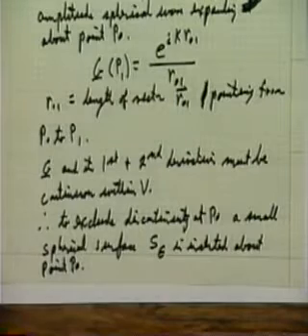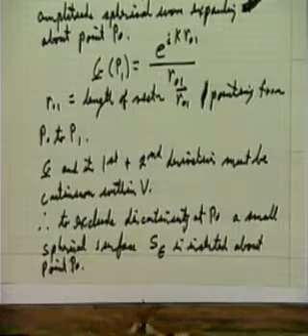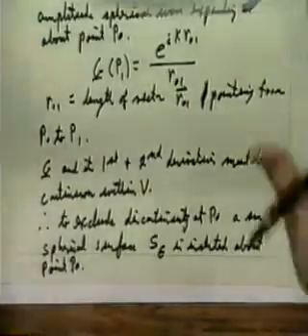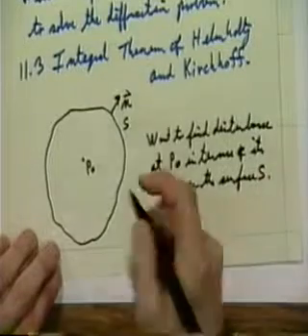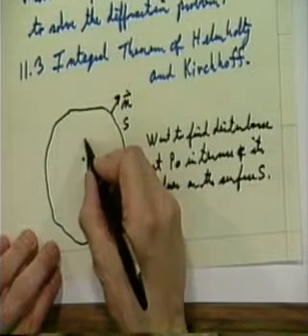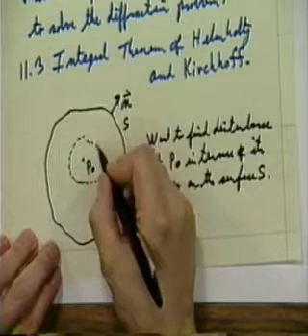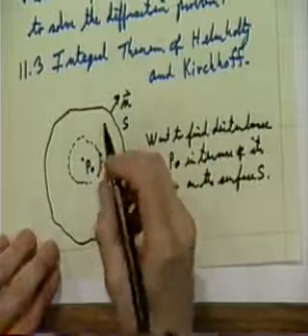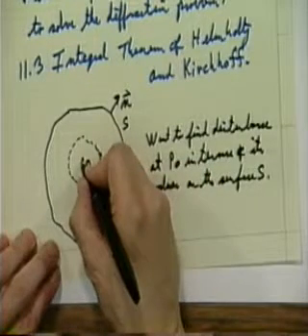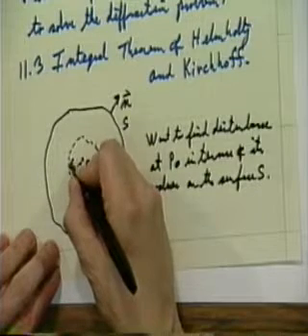Going back to our drawing, we put a small spherical surface here, centered about P0, with a radius of epsilon.